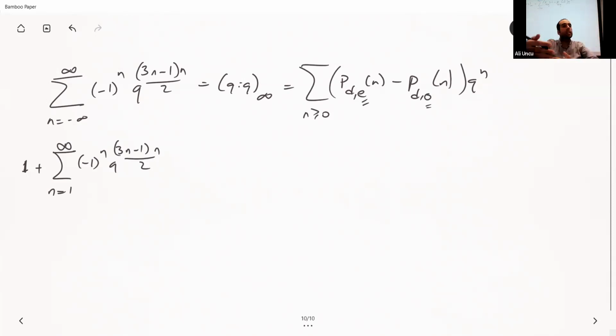I can flip that and change these n's to negative n's. Again, (-1)^n doesn't get affected. And then I can combine. And with that negative, you would have a plus here. So the combination would be 1 plus the sum of terms with q to the n here, which is equal to these guys.